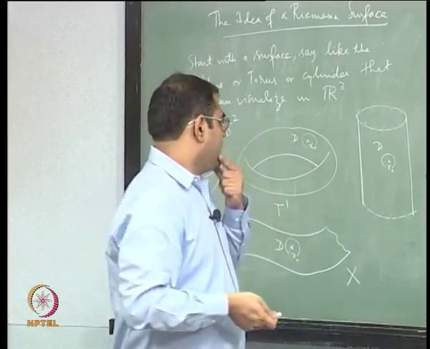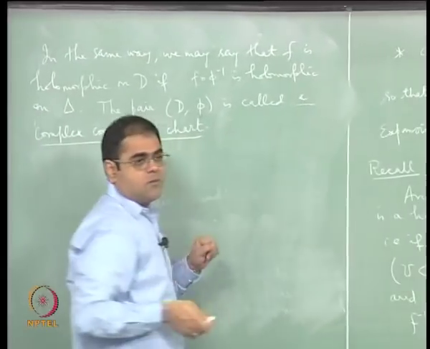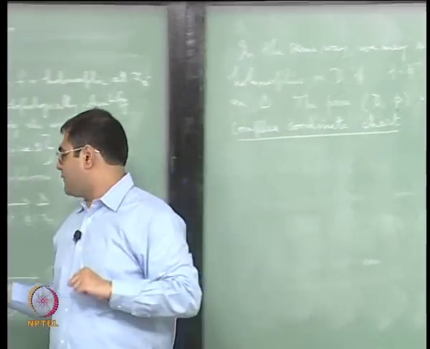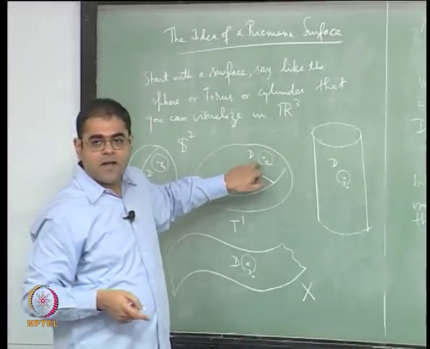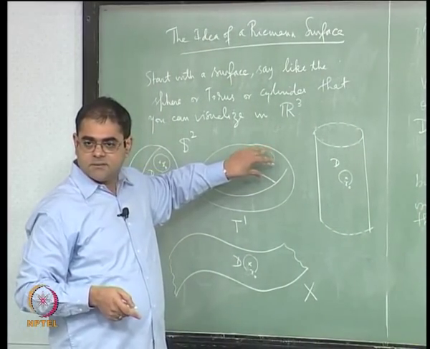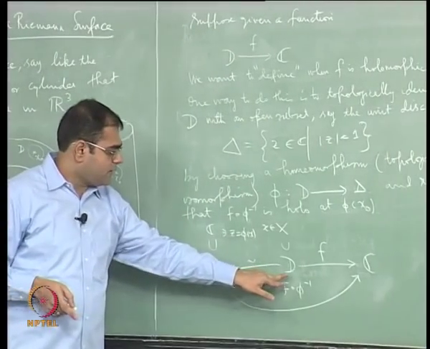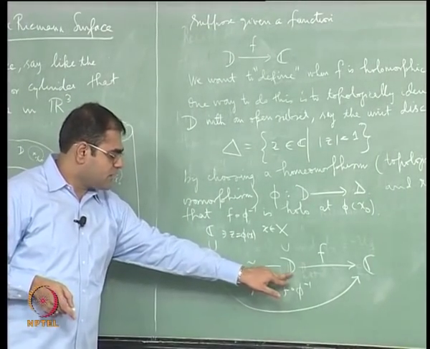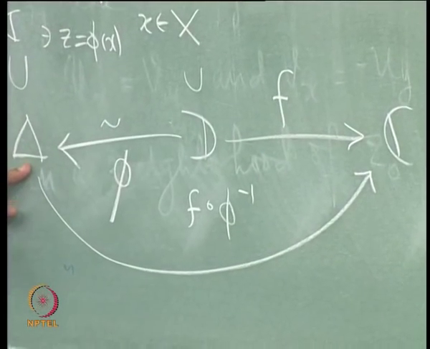So more generally, what is a complex coordinate chart? More generally, I needn't have taken a disk-like neighborhood. I could have taken just any open set containing the point, and then I would have to choose again a topological isomorphism of that open set with an open set in the complex plane.